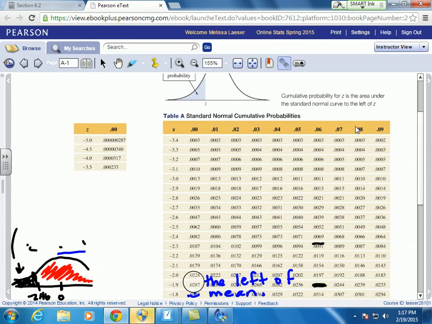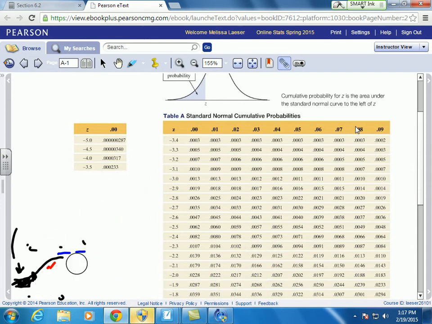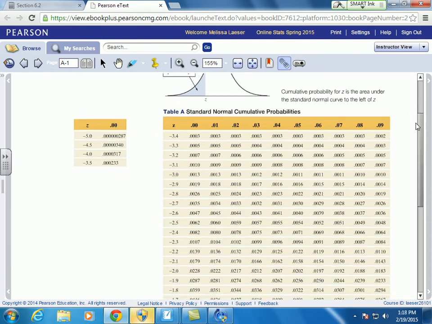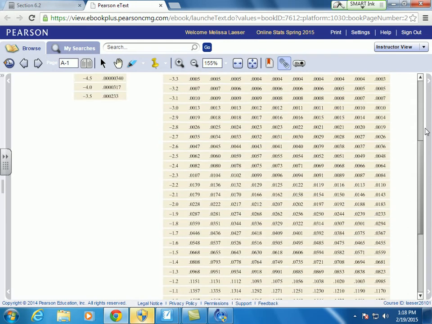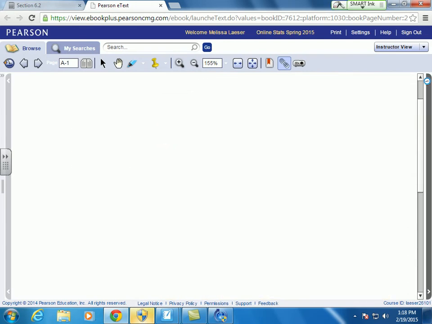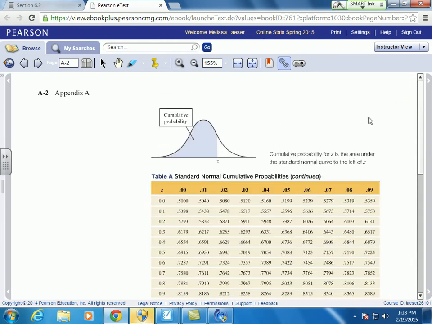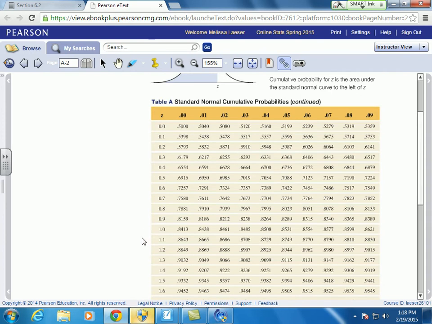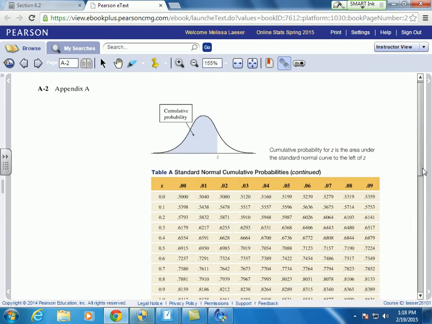I want to erase this and talk about what other kinds of things are going on with all these tables. You can see here that there's the end of A1. If you go to the next page, it gives you the z-scores if z is a positive number. Again, it calculates just the same. Here are all the probabilities. You can see these numbers are bigger because of where z is on the positive side of 0.